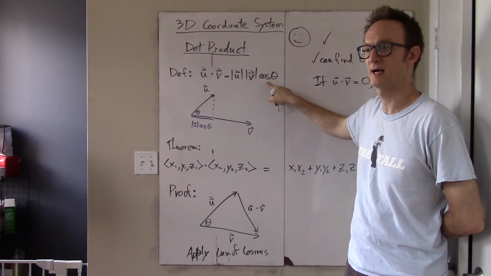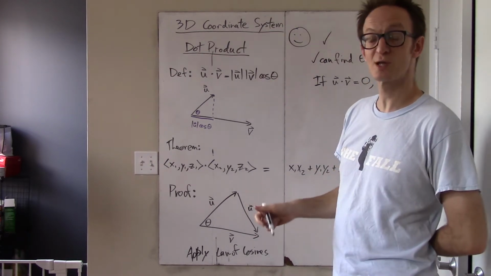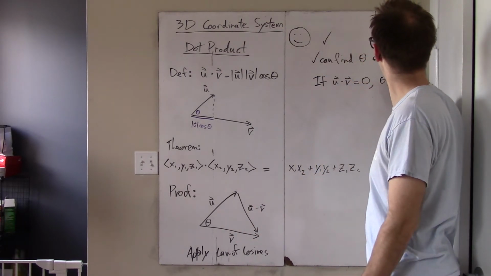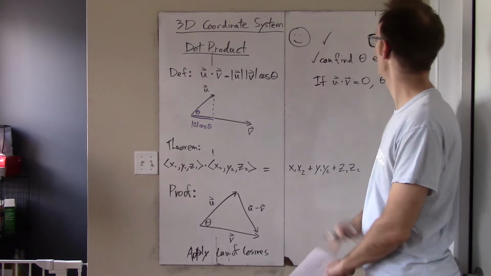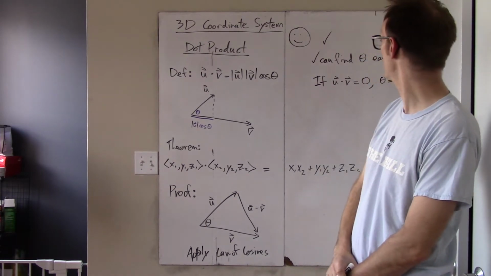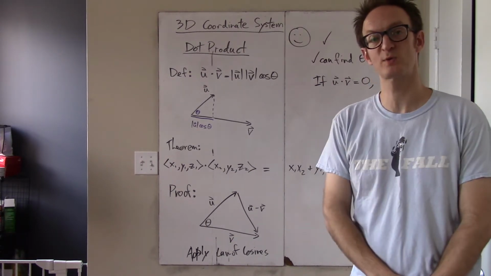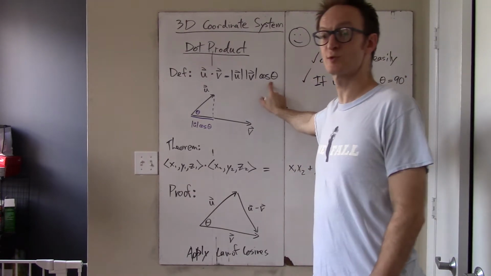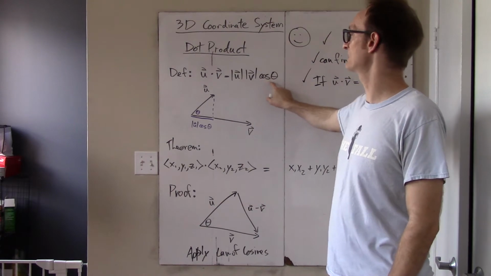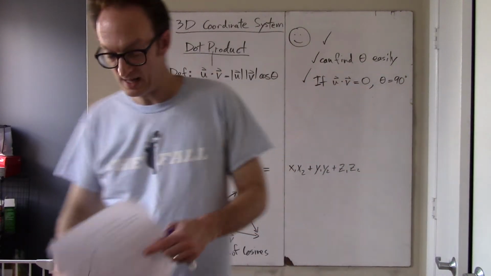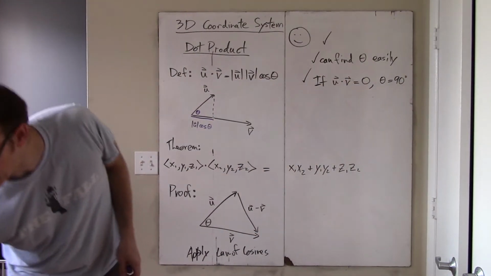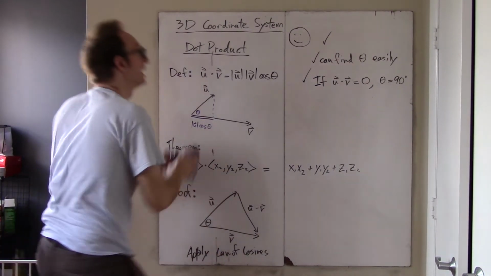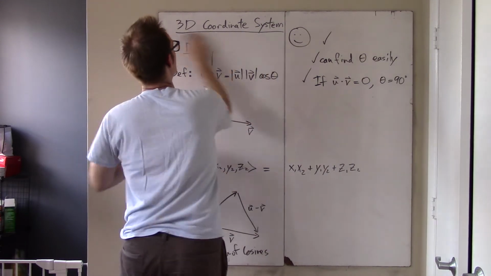Cosine is the x-coordinate, so the only time that the cosine is 0 is when the angle is 90 degrees. So if the dot product of two vectors is 0, then the angle between those two vectors is 90. And conversely, if the angle between those two vectors is 90, then cosine 90 is 0, so the dot product will be 0. Therefore, the dot product is a test of whether two vectors are perpendicular. Okay, good.